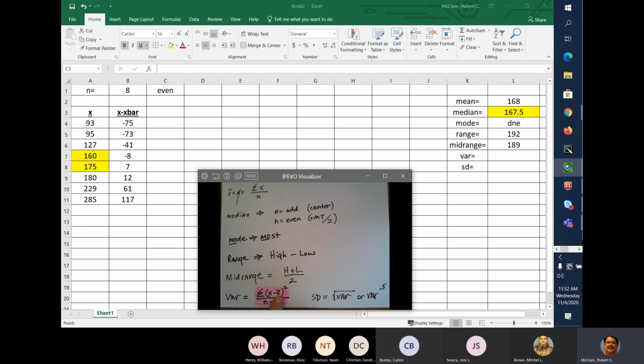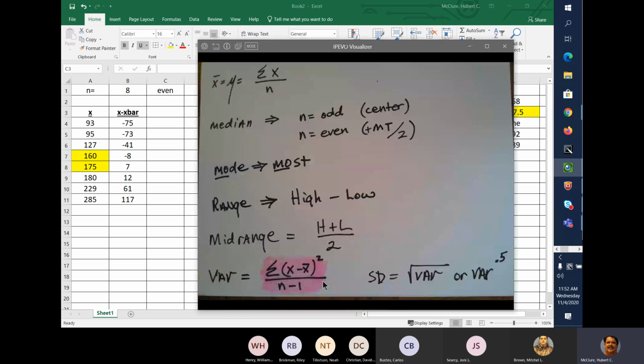Okay, I just subtracted my mean from each one of my test scores.